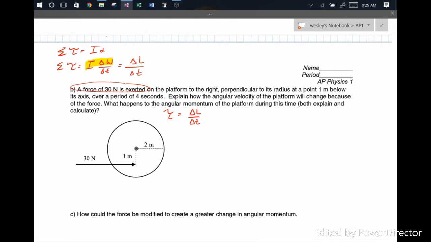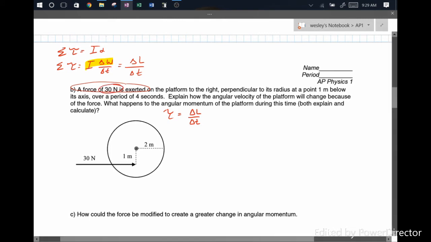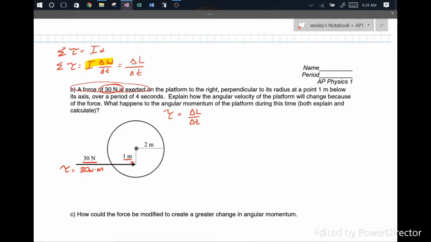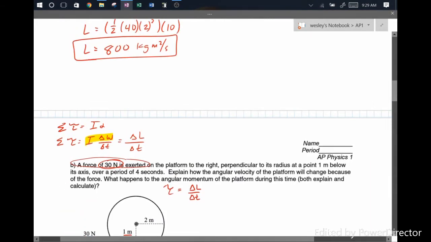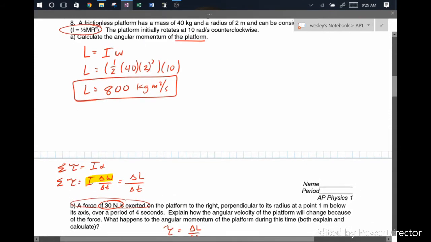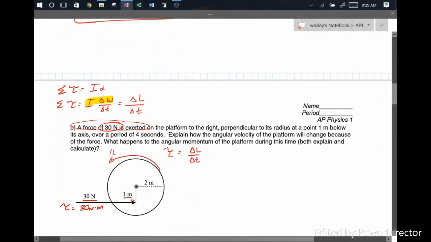So what we need to look at is our torque. So we have 30 newtons 1 meter below. The torque from that force is 30 newton meters. It's the force times the radius, and those things are perpendicular. So what's going to happen is that the angular momentum is going to change, right? Now if we go back and look at this, this thing's already spinning at 10 radians per second counterclockwise. This torque is going to act to increase the angular momentum of the system.